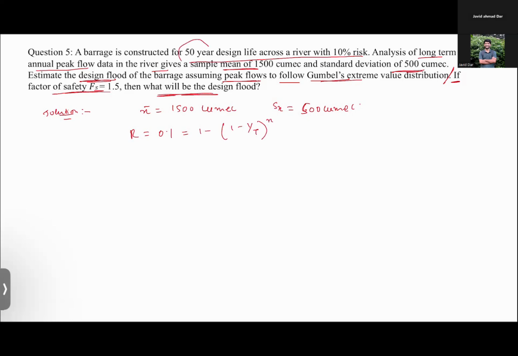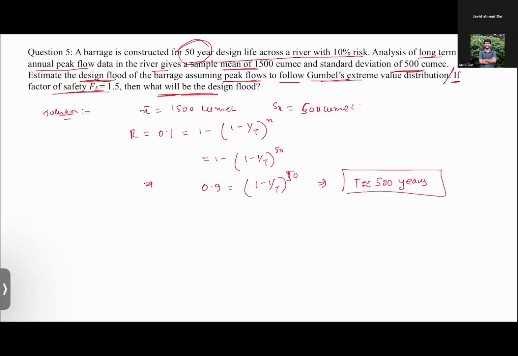Your construction life is 50 years. So this implies 0.9 is (1 minus 1/T) raised to the power 50. If you solve, T comes out to be around 500 years. So this is the return period we calculated for the risk of 10% with a life of 50 years.